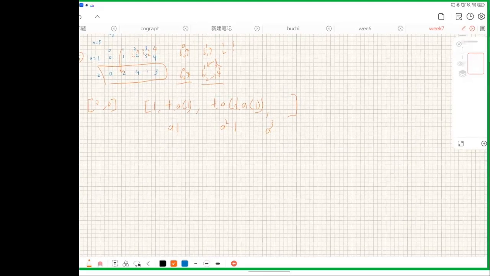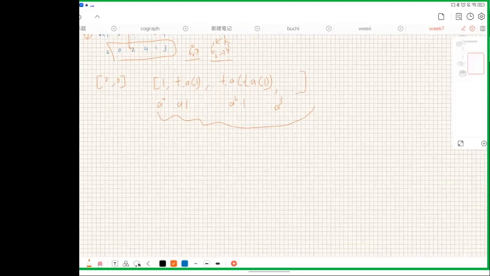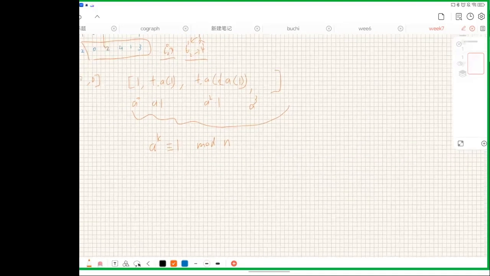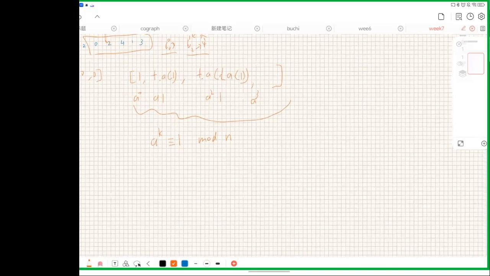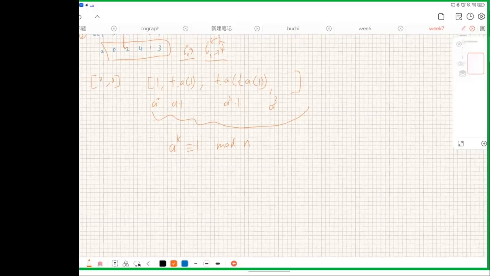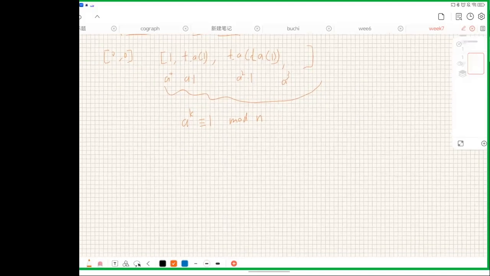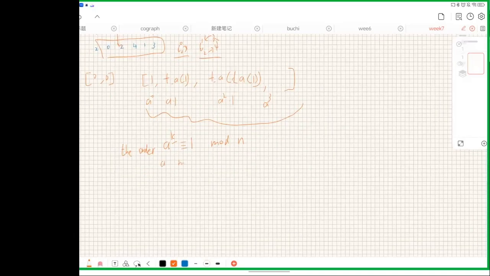So what's the length of the circle? This is a to the power 0, of course. It becomes a circle when we find some a to the power k equal to 1 mod n. Which means we will create a circle with length k. So this k is the order of a mod n.